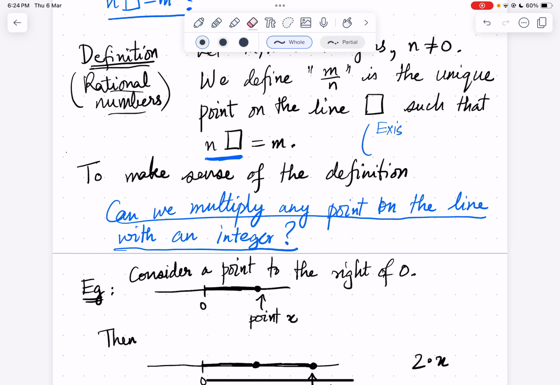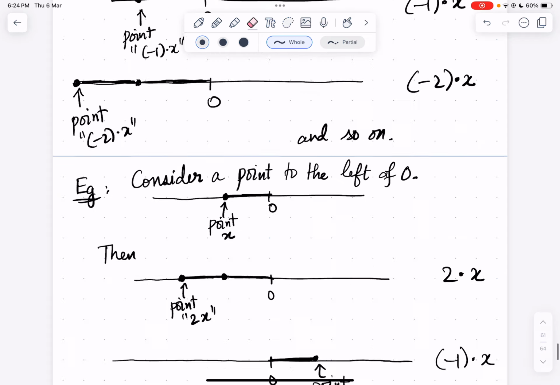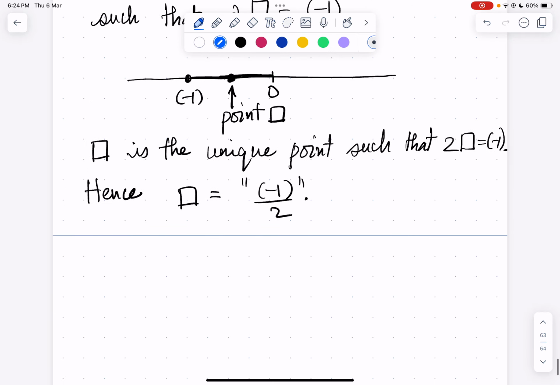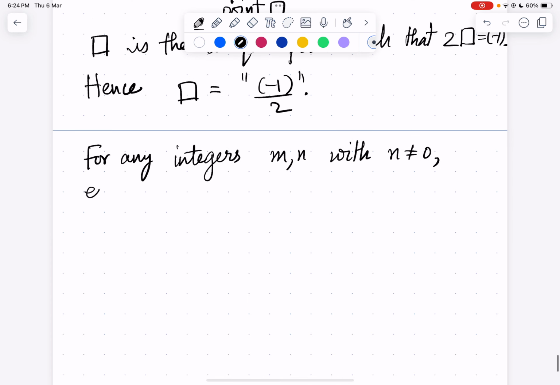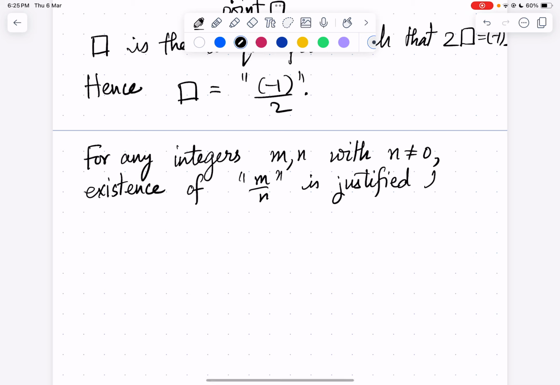Existence: for any integers m, n with n not equal to 0, existence of m by n is justified by our intuition on the number line.